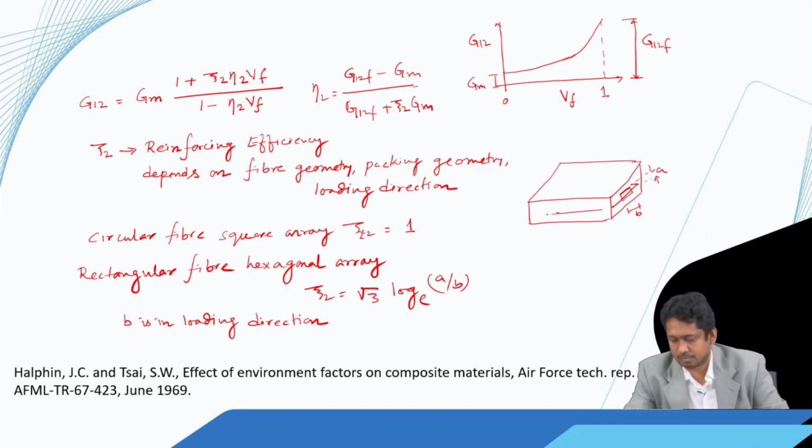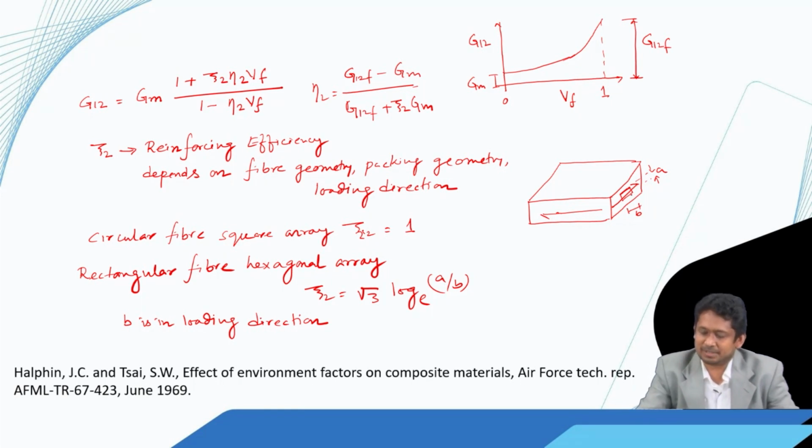So, the shear load direction is aligned with the B direction. So, that is why we are saying that B is in the loading direction, and accordingly we get xi 2 as root 3 log of A by B.